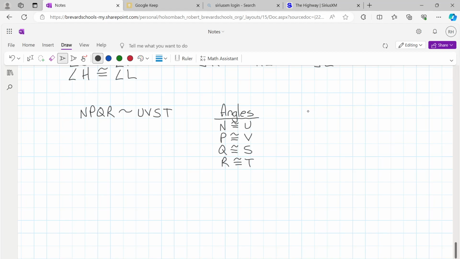And then now our proportion that relates corresponding sides. Again, I'm going to start off with the first two vertices of the first shape.